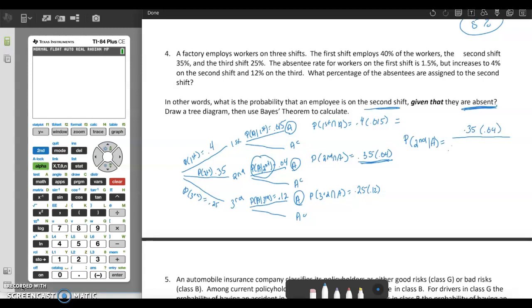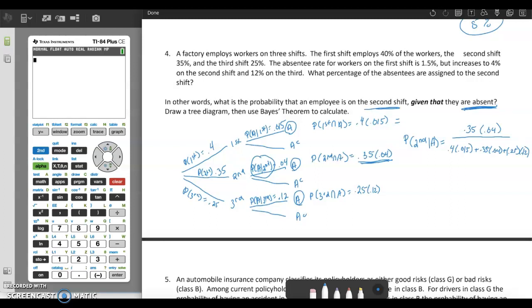So over 0.4 times 0.015 plus 0.35 times 0.04 plus 0.25 times 0.12. So we add up all of the branches that end in A for our denominator.